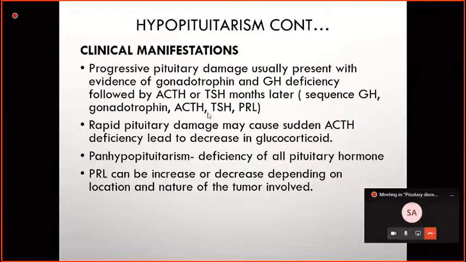Again, remember your prolactin can be high if it affects your pituitary stalk. If it's rapid pituitary damage, you might see sudden ACTH deficiency.